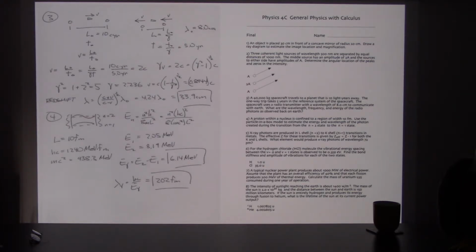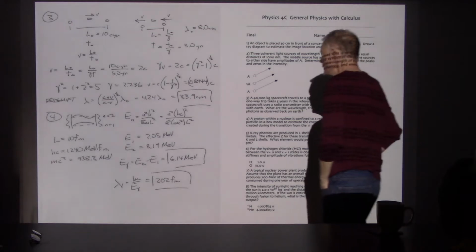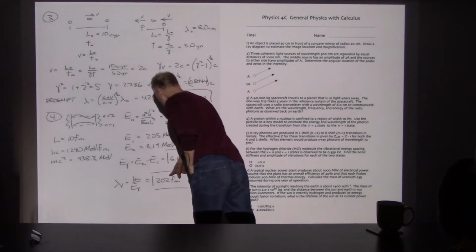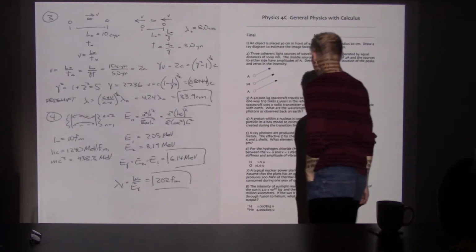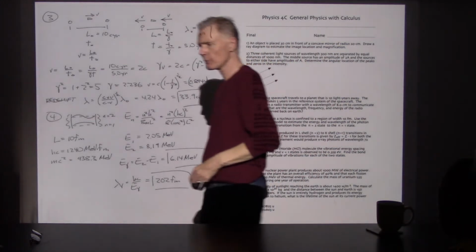So when the nuclear protons and neutrons in the nucleus drop from excited states into lower quantum states, lower energy states, the photons generated are in the gamma part of the spectrum. Those are really high energy photons. And then the wavelength here is 202 femtometers. So that's pretty remarkable.